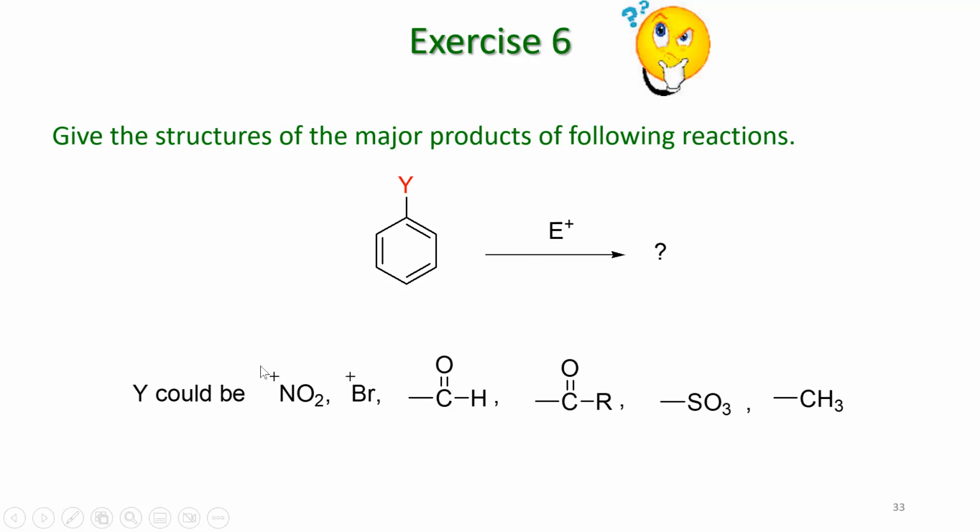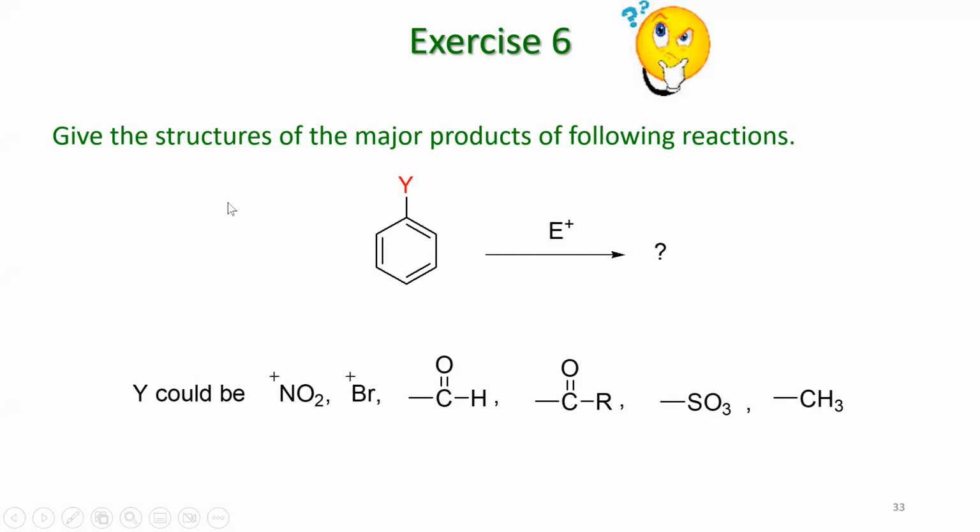You have to consider the ability of each of these groups to make the benzene ring activated or deactivated. Find out whether the nitro group is going to activate the ring or deactivate the ring. Whether the bromide group is going to activate the ring or deactivate the ring. Likewise, consider the structures of the substituents and find out.